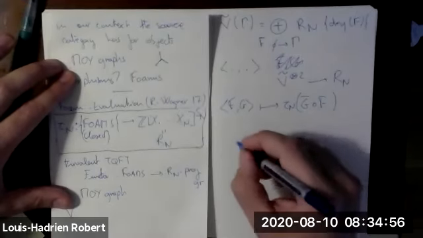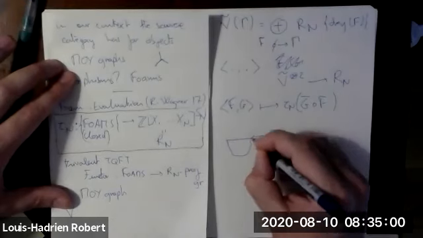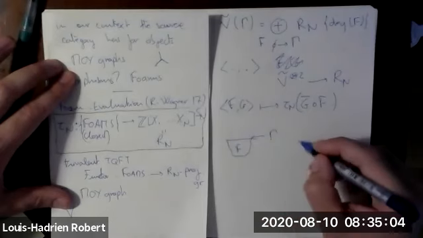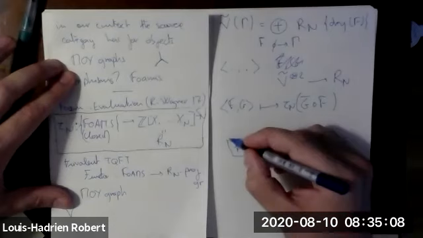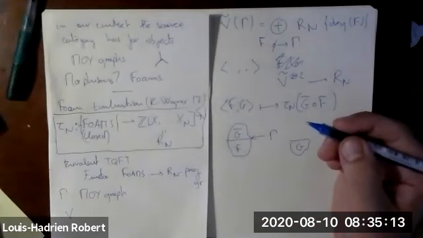So just to be clear, I have my graph here, gamma. Here you have a form F which goes into gamma, and then in principle I have this other form G, but I kind of turn it around, and this gives me gamma bar.